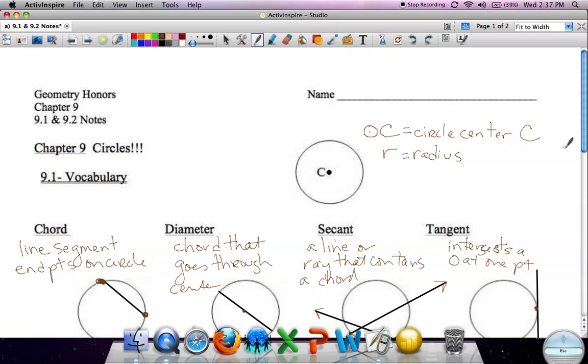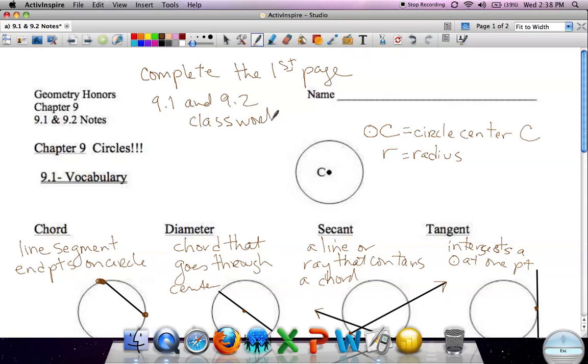Turning the page. I'm going back because this is the end of the notes section, but what I'd like you to do is complete the first page of the next page, which is the 9.1 and 9.2 classwork, but it's double-sided.